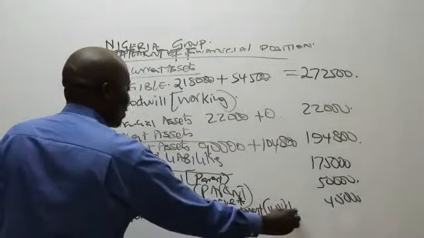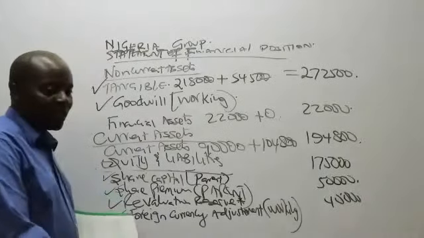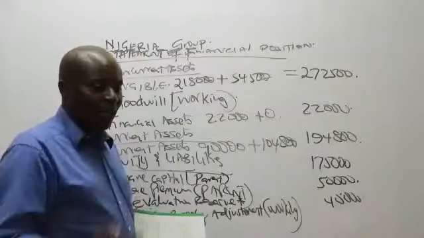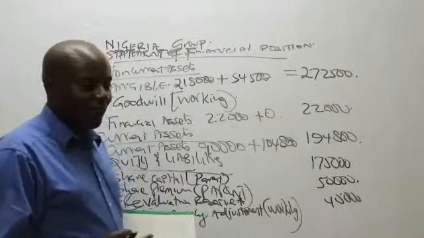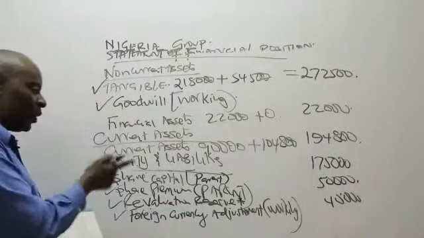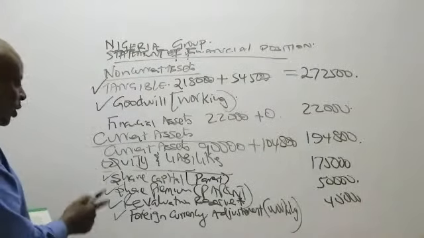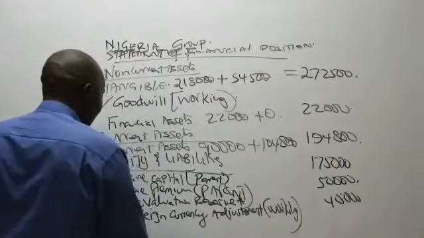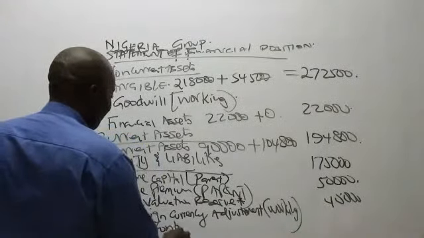At times, I'll just write working like that, and then I'll ask my examiner to go and do it later himself. I don't want that mark. I don't want an award, because at times some of these workings will really drain you. So after foreign currency adjustment, I'll just leave it like that. I'll come and write the non-controlling interest.